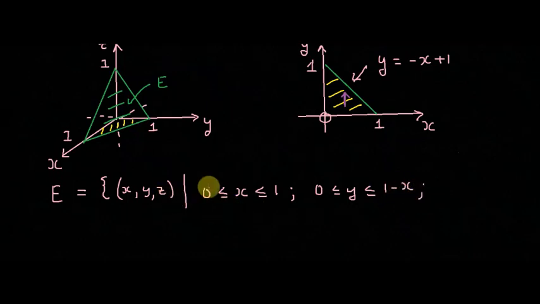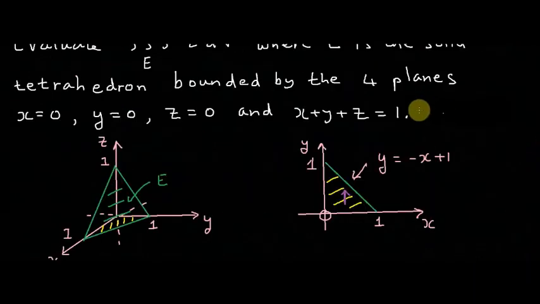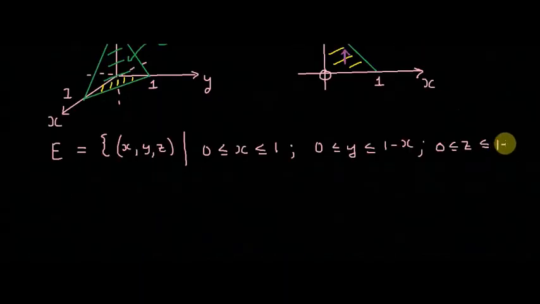And then z, looking at this diagram for E, clearly goes from 0 to this plane that we've drawn over here. Now, just to go back to the equation of the plane, we can write this in the form z equals 1 minus x minus y. So we have stated E then in terms of rectangular coordinates.